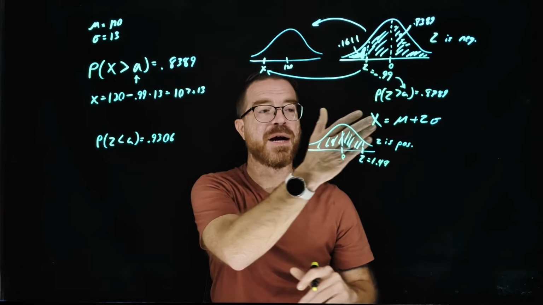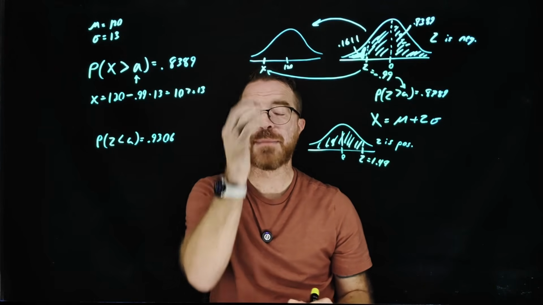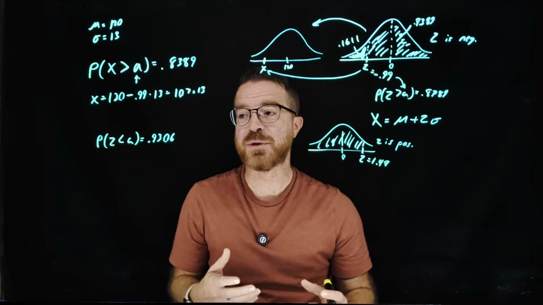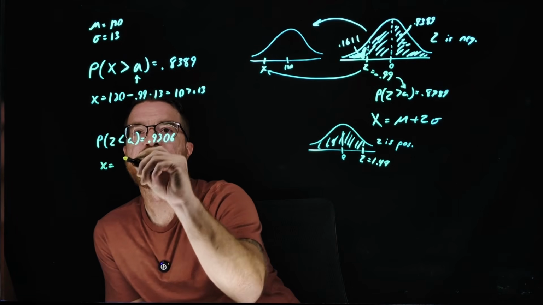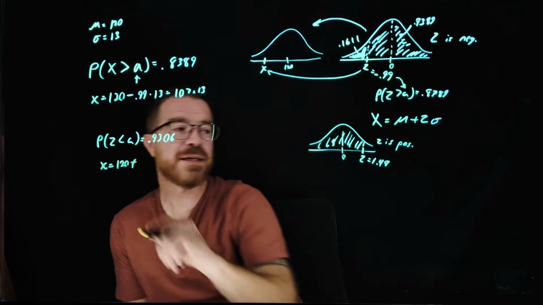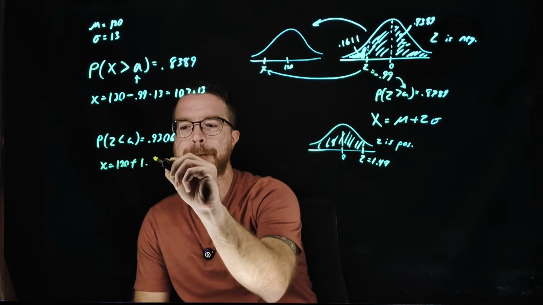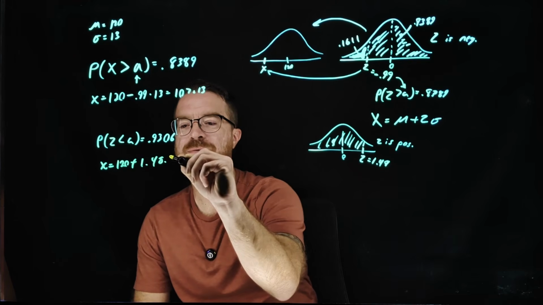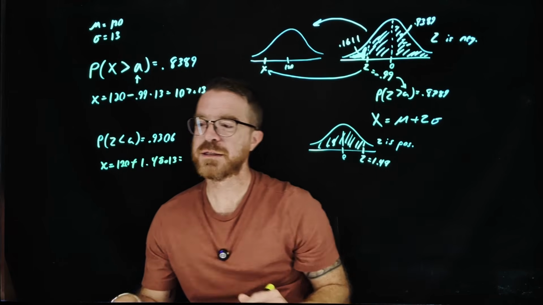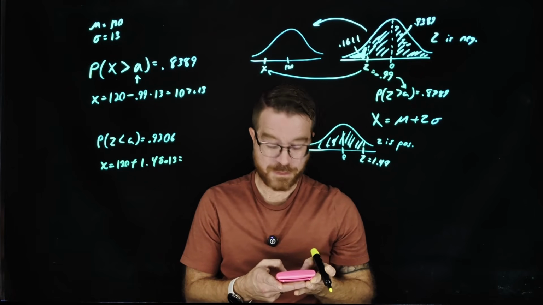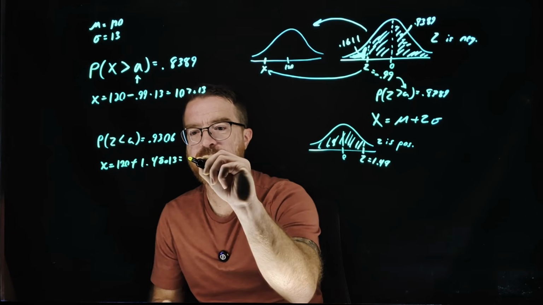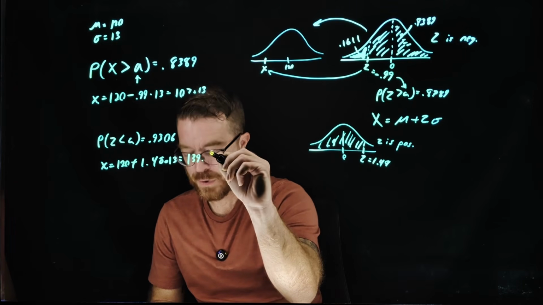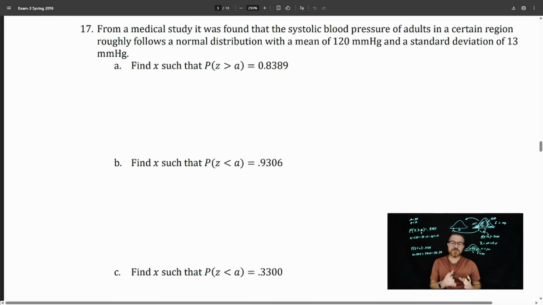Plugging this into X equals mu plus Z sigma to get it back in terms of my actual normal distribution, X is equal to mu, which is 120, plus 1.48 times my sigma of 13. We do 120 plus 1.48 times 13, and we get an X value of 139.24.